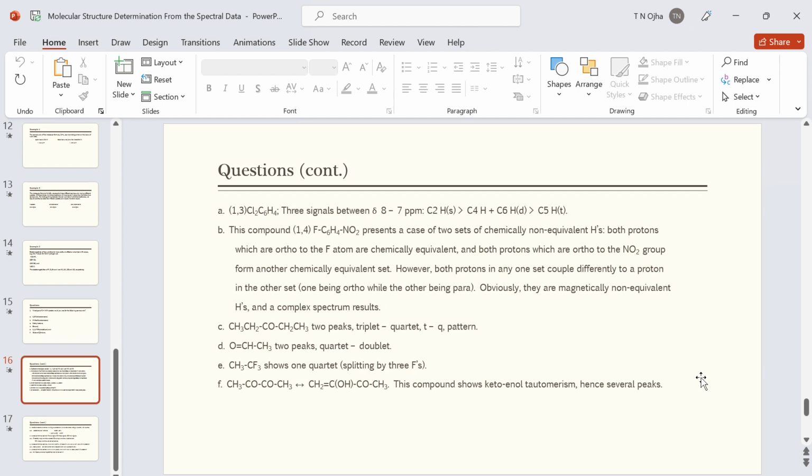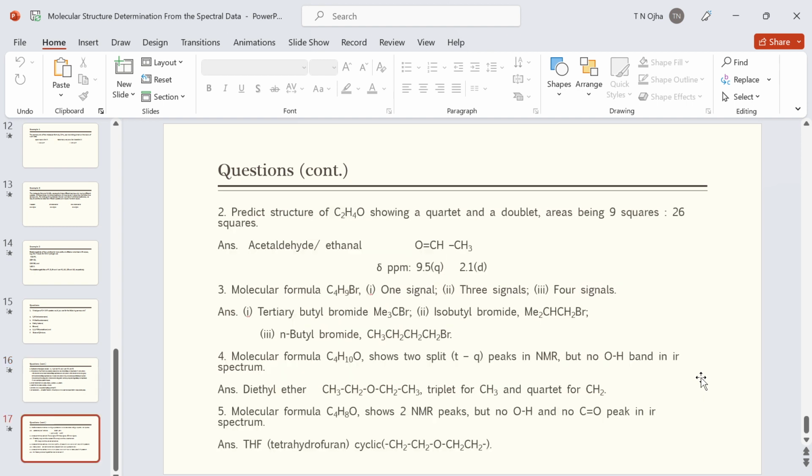In CH3CF3, a quartet splitting is caused by three fluorines. 2,3-Diketobutane is very complex because it shows keto-enol tautomerism, so a number of signals appear. Most compounds exist in equilibrium.